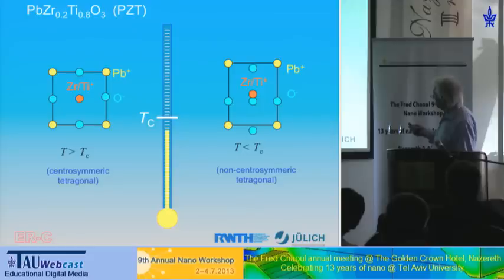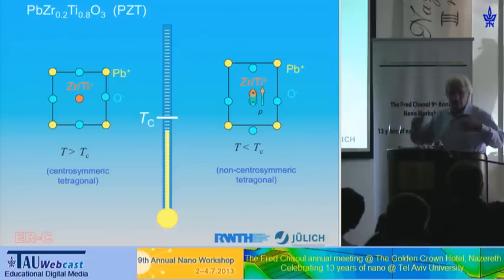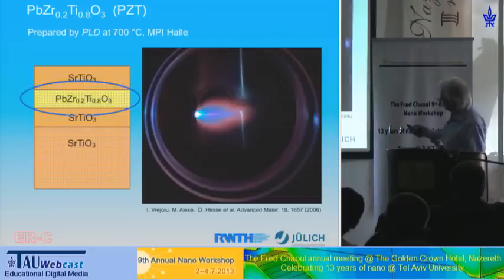And this means that we have an electric dipole formed on the unit cell level. Every unit cell carries an electric dipole, even without a field, and this means ferroelectricity.